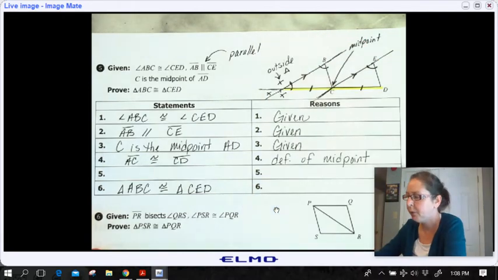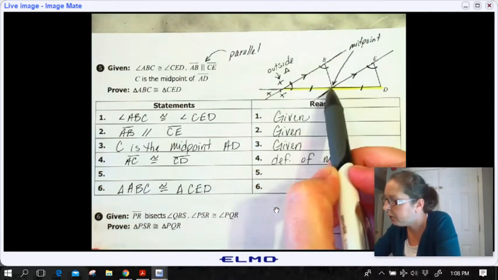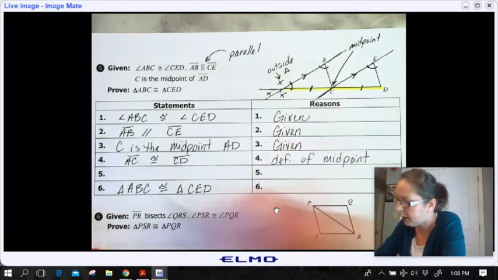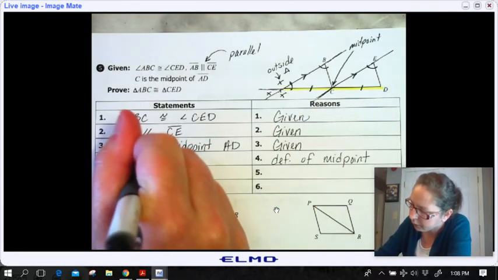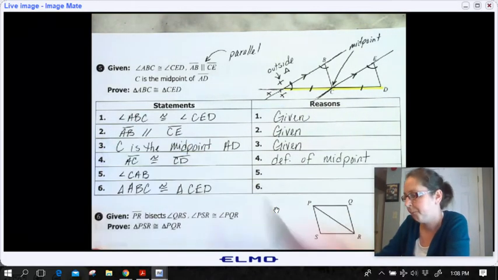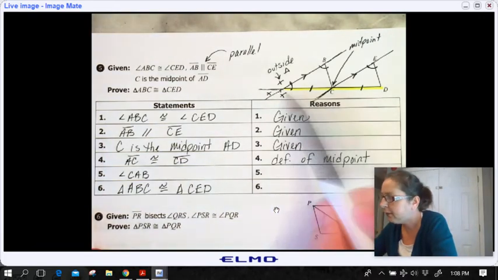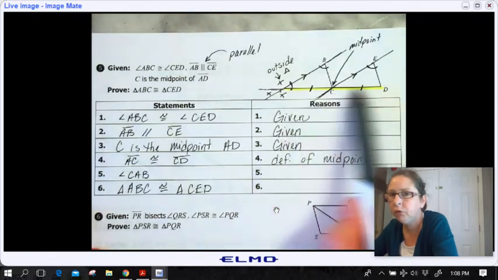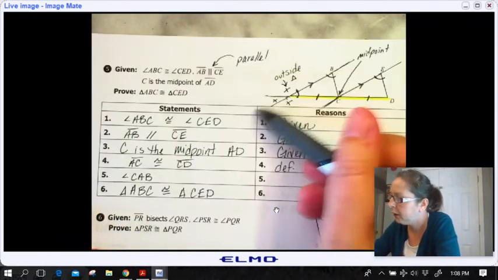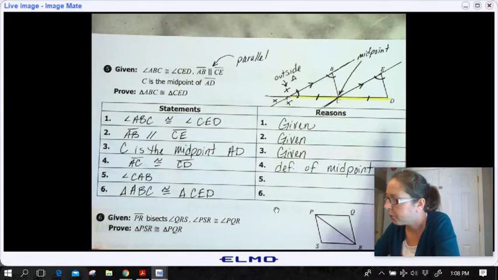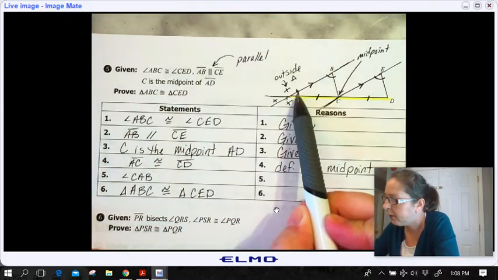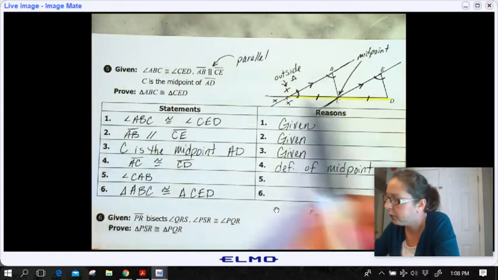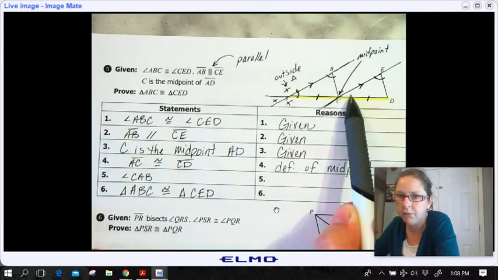So that side is going to mean something. Angle CAB, angle CAB. It has to relate to something else in this figure. Okay, so again, this is the transversal. These are the two parallel lines. Notice that this angle and this angle are on the same side of the transversal and on the same side of each parallel line.